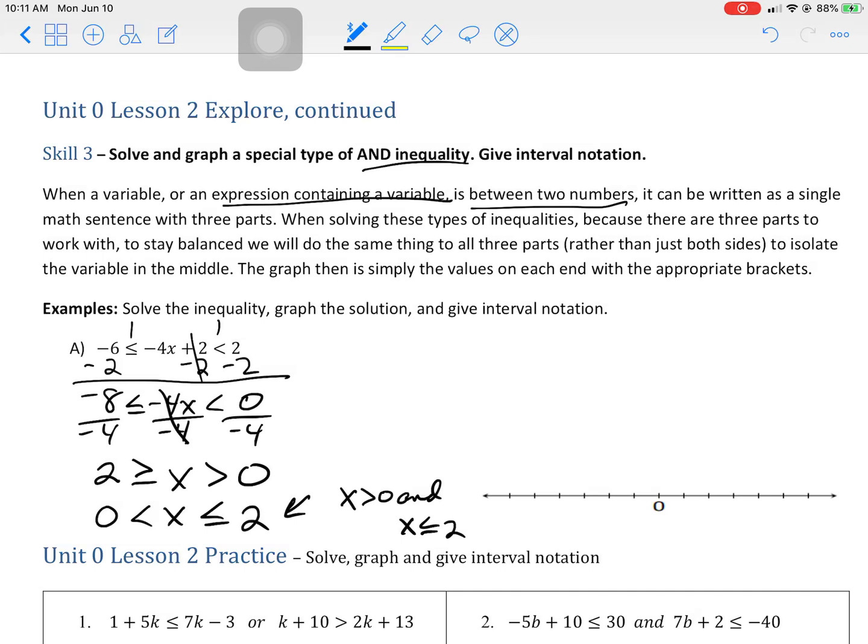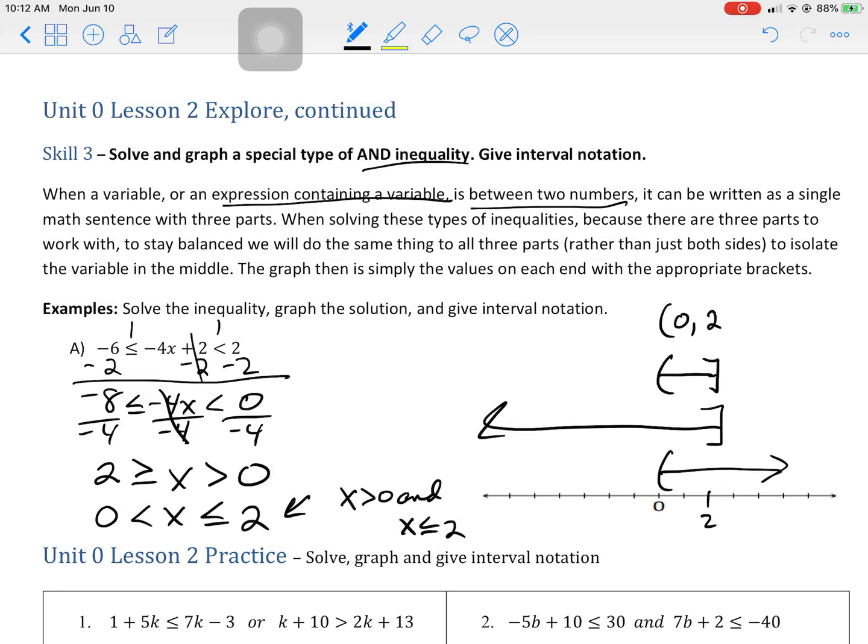So when you graph them, I like to pull it apart and find x is greater than 0 and less than or equal to 2, and it's an and, so you only want the overlapping part, which is here, and the interval notation for that is (0, 2]. Okay, so those are the two things that I need right there.